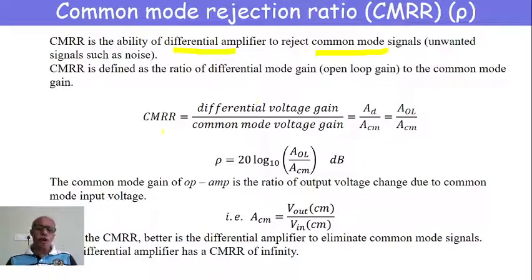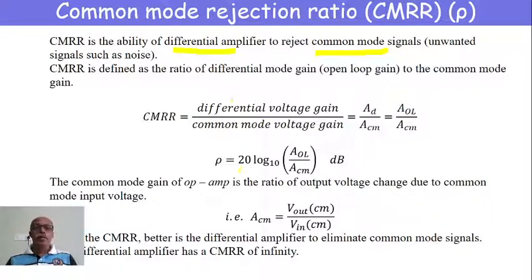It is the ratio of differential voltage gain to the common mode voltage gain, represented by the symbol AD by ACM. D represents differential, and that will be equal to AOL by ACM. OL represents open loop, CM represents the common mode.